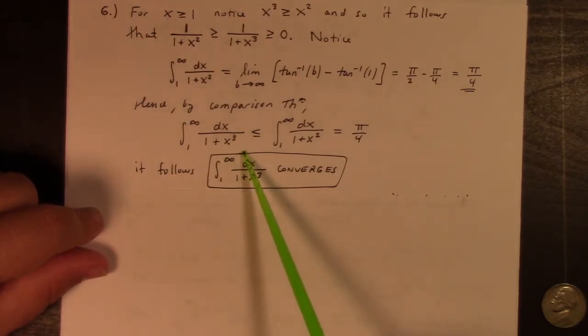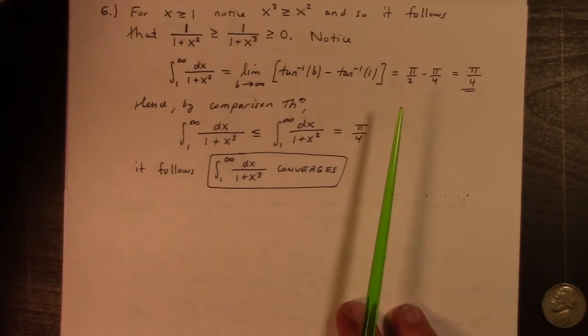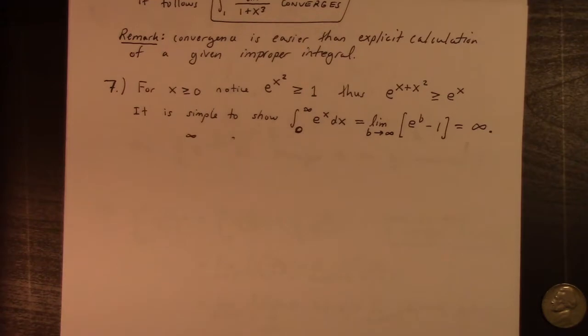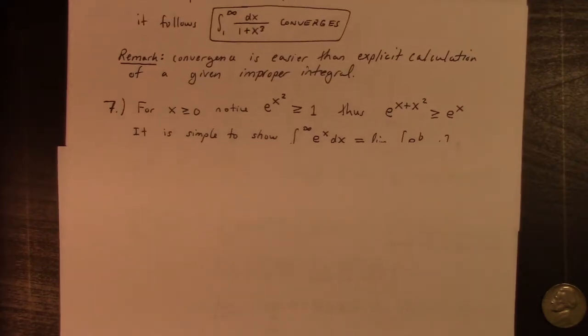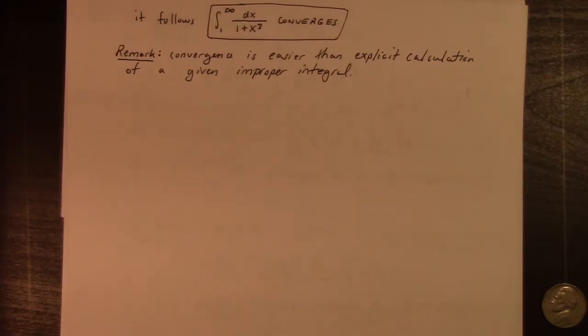This idea we continue to use in future parts of the course, where we deal with series. All right. So, remark, convergence is easier than explicit calculation of a given improper integral. Yeah, it's easier to decide whether it converges or diverges as opposed to direct calculation.